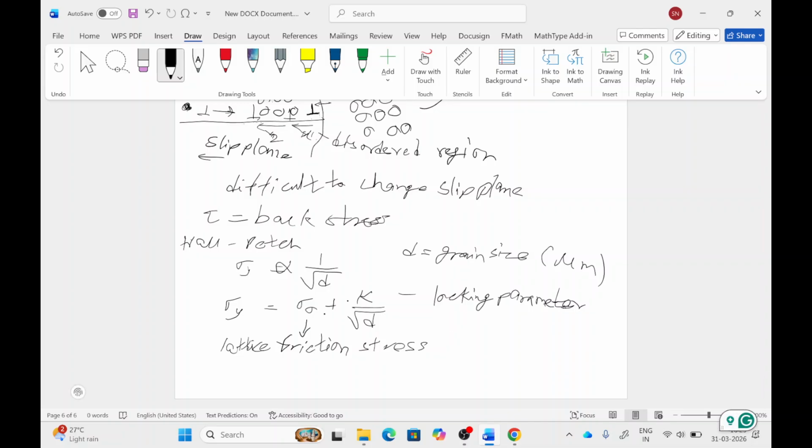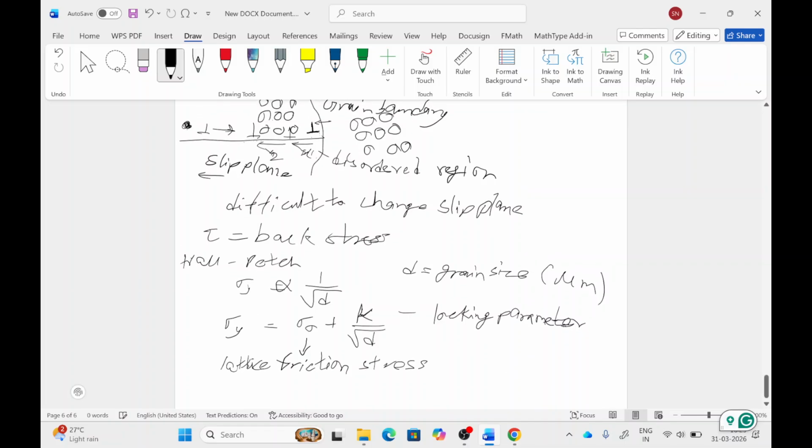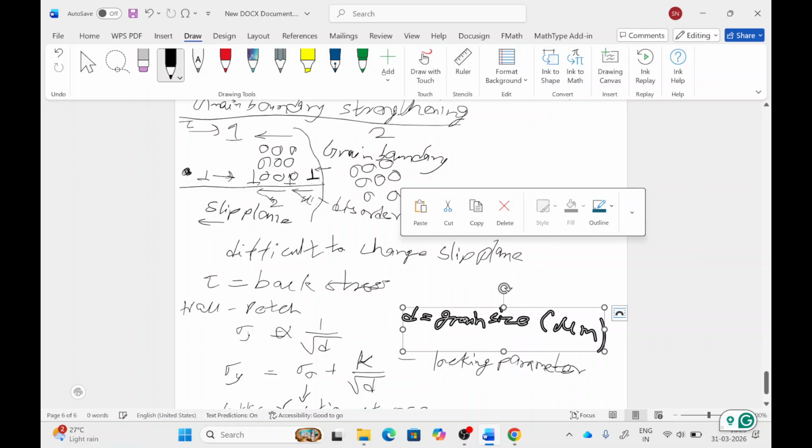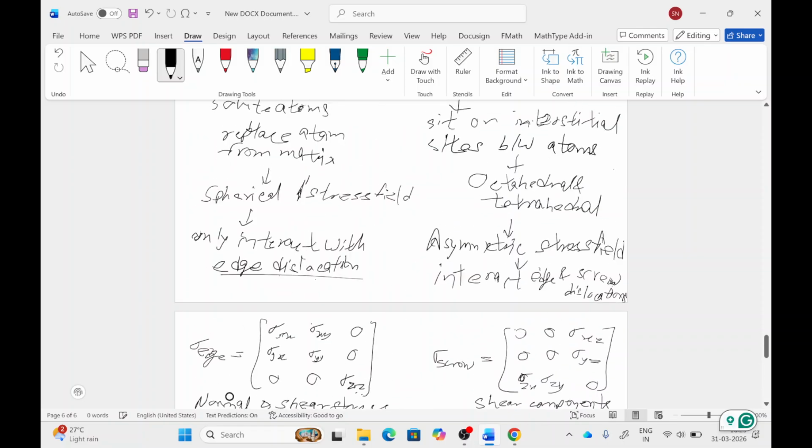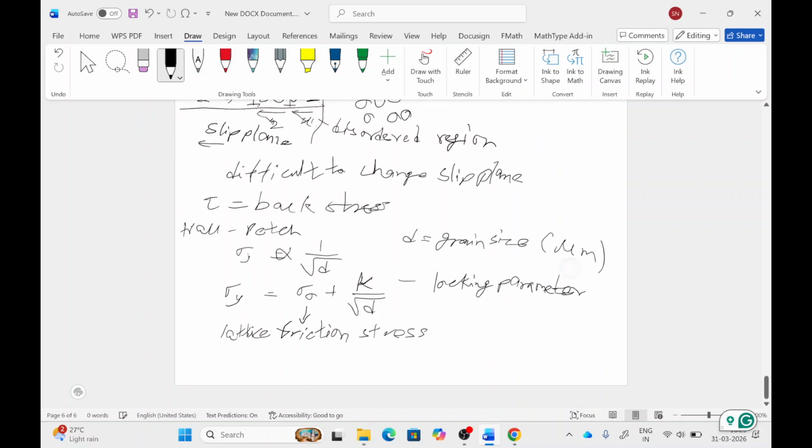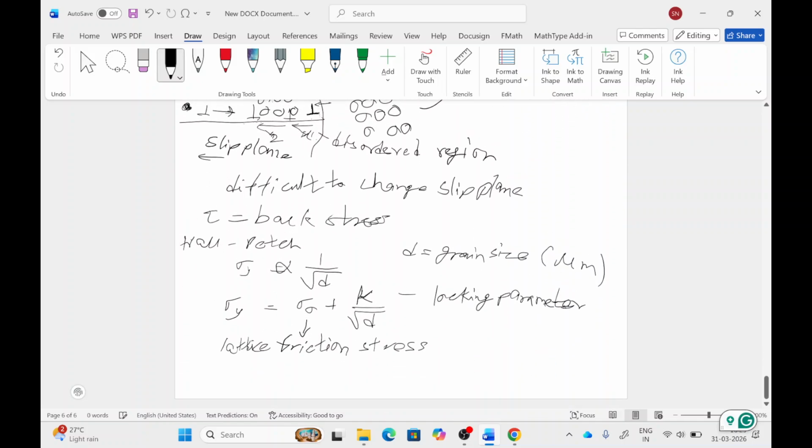So this formula is derived from the Hall-Petch relation, and this defines the grain boundary strengthening in the alloy or in the metal. It means that if a metal does not have any other strengthening mechanism but finer grains, then because of the presence of finer grains and fine microstructure, the strength of the material will be high.